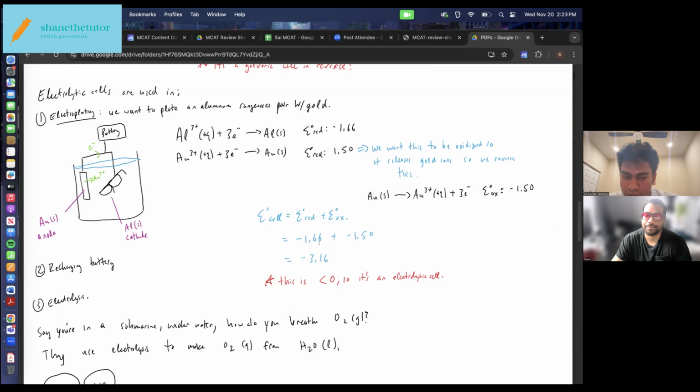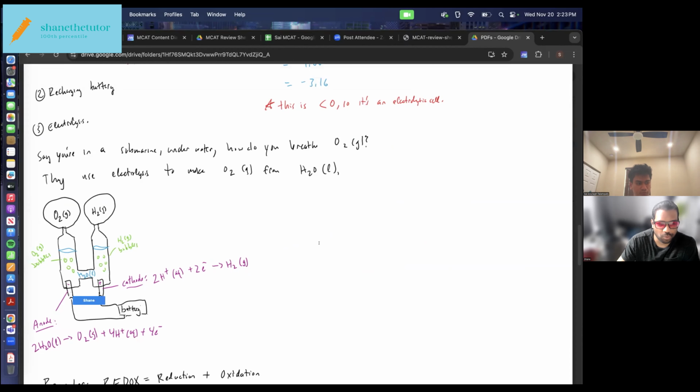And then this is the last example. Say you're in a submarine underwater, how do you breathe oxygen? They use electrolysis, that's where the name electrolytic cell comes from, to make oxygen from water. So there's this external source here, which is the battery, and we have a cathode and an anode, and essentially we're just splitting the water into O2 and H2, and we put those in different containers.